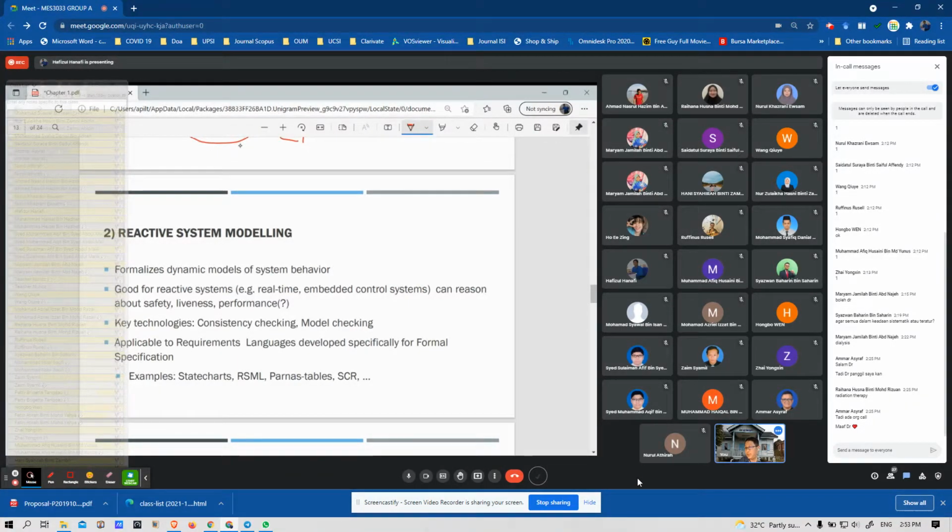Okay, the key point here is consistency and model checking. This one is very important because you have the model, you have the documentation, and then you need to have model checking and consistency checking.